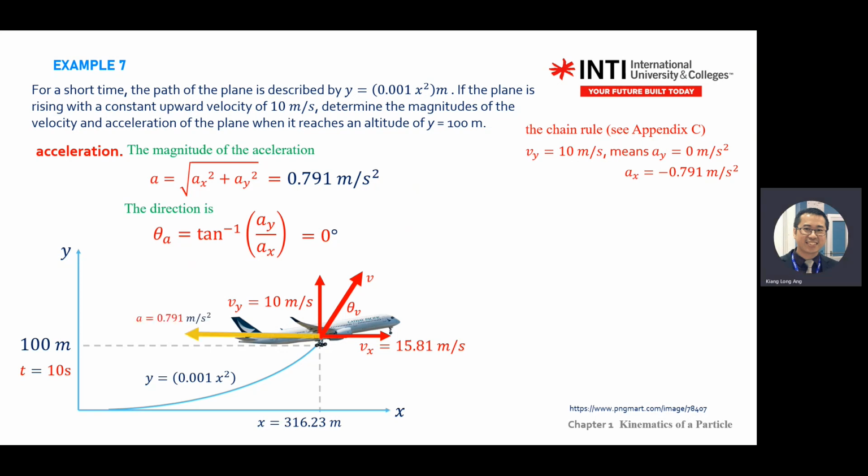However, it is not in this direction. You are doing curvature movement now, so it goes inside the curve. Acceleration is always inside the curve. If it's rectilinear, yes, but for curvature, no.